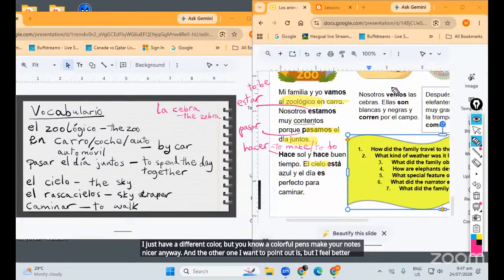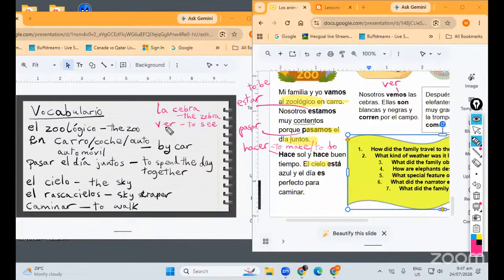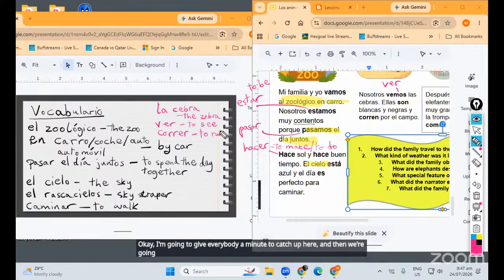Vemos is from ver, which means to see, right? So let's put ver on the list. And corren is from correr, which means to run. Right? Okay, I'm gonna give everybody a minute to catch up here, and then we're gonna shift the page to the right.